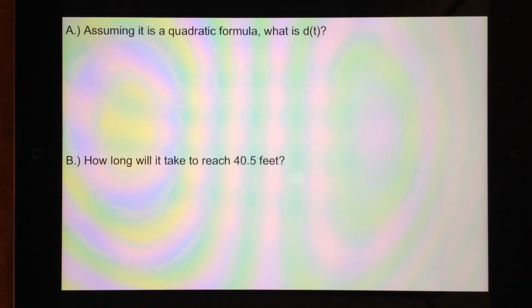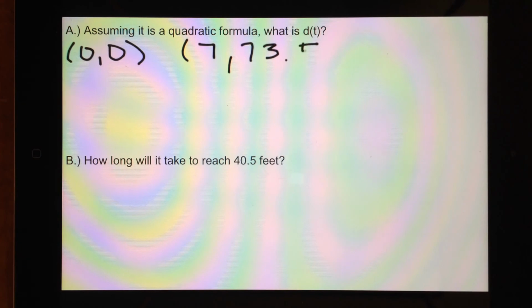So we start off with assuming it is a quadratic function, what is d of t? We know that we started at 0, 0, and ended at 73.5.